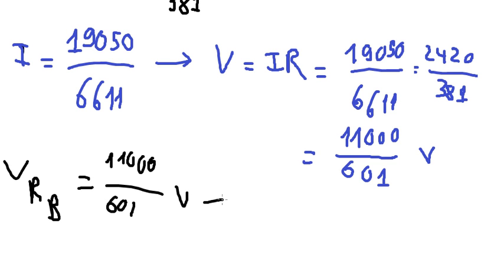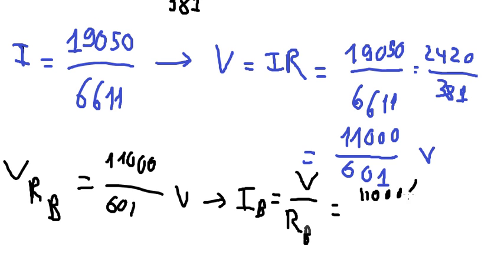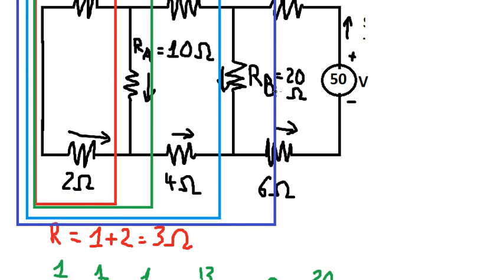Later, we need to find I. So this is V divided by RB. So we have 11,000. We divide by number 20.